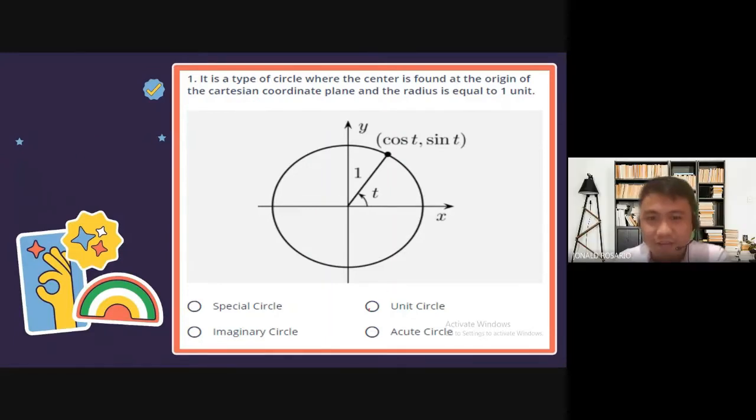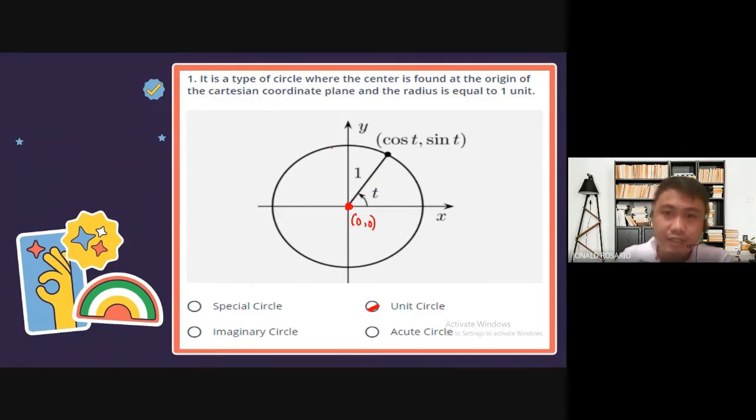Okay, very good. We have a unit circle. Again, lagi yung tatandaan, if we have a unit circle, ito lang yung circle na kung saan ang length ng radius niya ay 1 unit, at ang center niya ay nasa origin ng Cartesian coordinate plane. So we have a Cartesian coordinate plane and this is the origin, 0, 0.